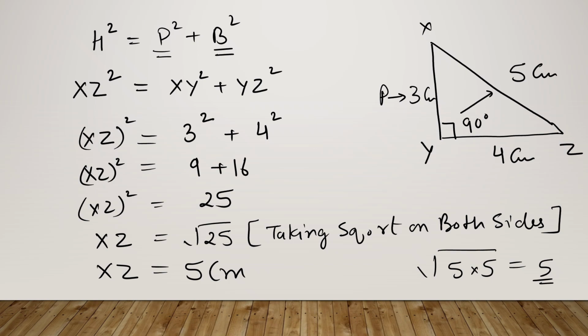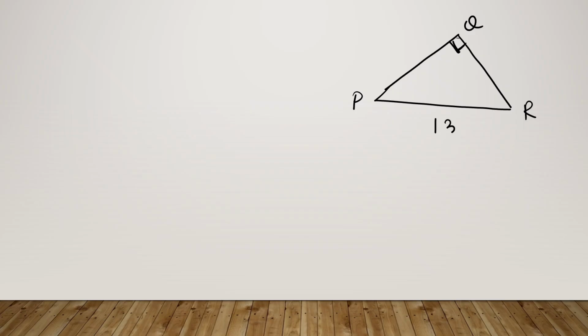Okay, let's take another example. And now we will consider the other side which is missing. Like if it is a right angle triangle, like this angle is 90-degree, and let us name it as P, Q, R. And let's say that this side is 13 centimeters and this side is 5 centimeters, and we don't know what will be the length of QR.